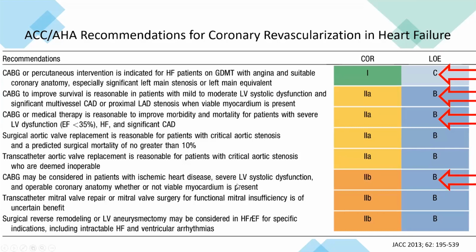There are several other trials that I have not incorporated into the presentation because of time constraints, that have demonstrated that if a patient has viable myocardium, more extensive CAD, and is better revascularized, they will have better outcomes. But the guidelines haven't really caught up to that yet.